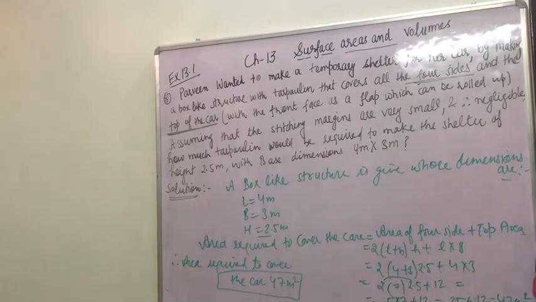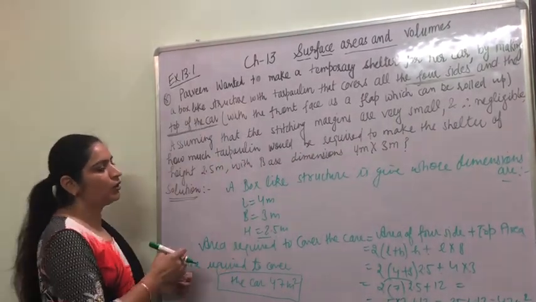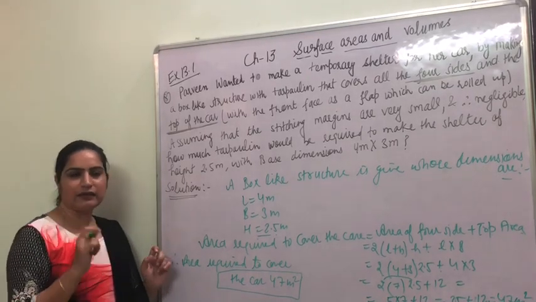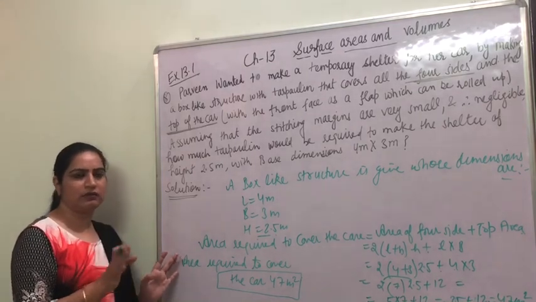Read the statement carefully. Whatever statement is given, according to the requirement of the question, you have to solve it. Okay? Exercise was very easy. Do it seriously. Some questions I'll give for practice. Do the practice.